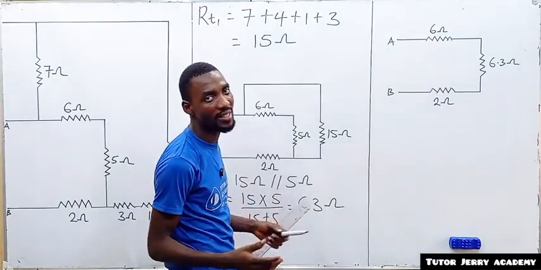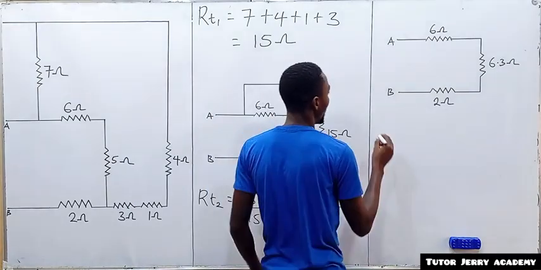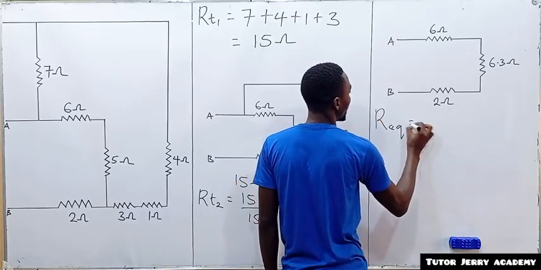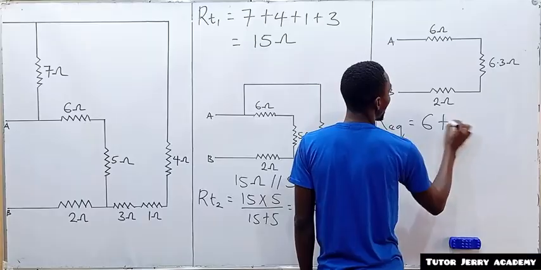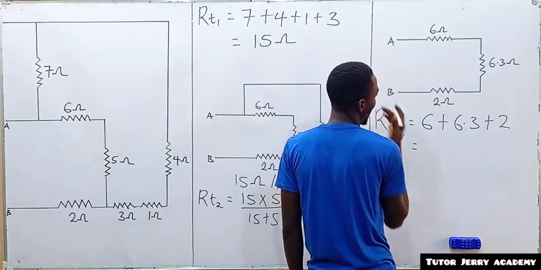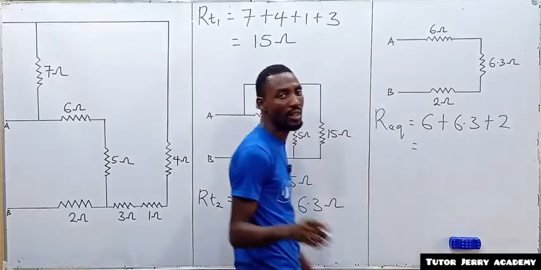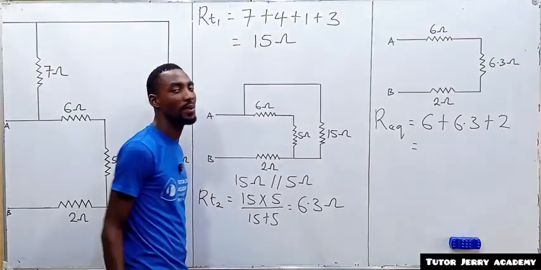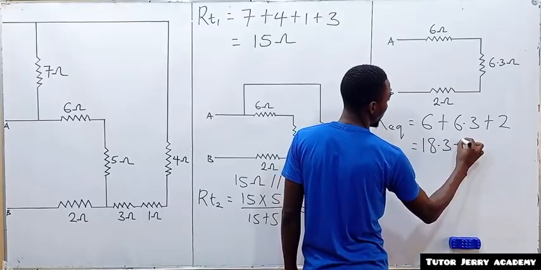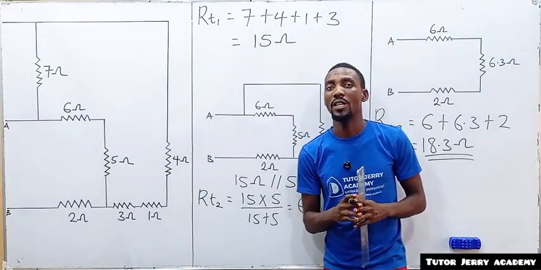We can therefore calculate the total resistance, the equivalent resistance between terminal A and B. So we can say R equivalent will be equal to 6 plus 6.3 plus 2. 6 plus 2 is 8, and 8 plus 6.3 is 14.3, so we are going to have 18.3 ohms here. All right, and here ends the solution to the above question.